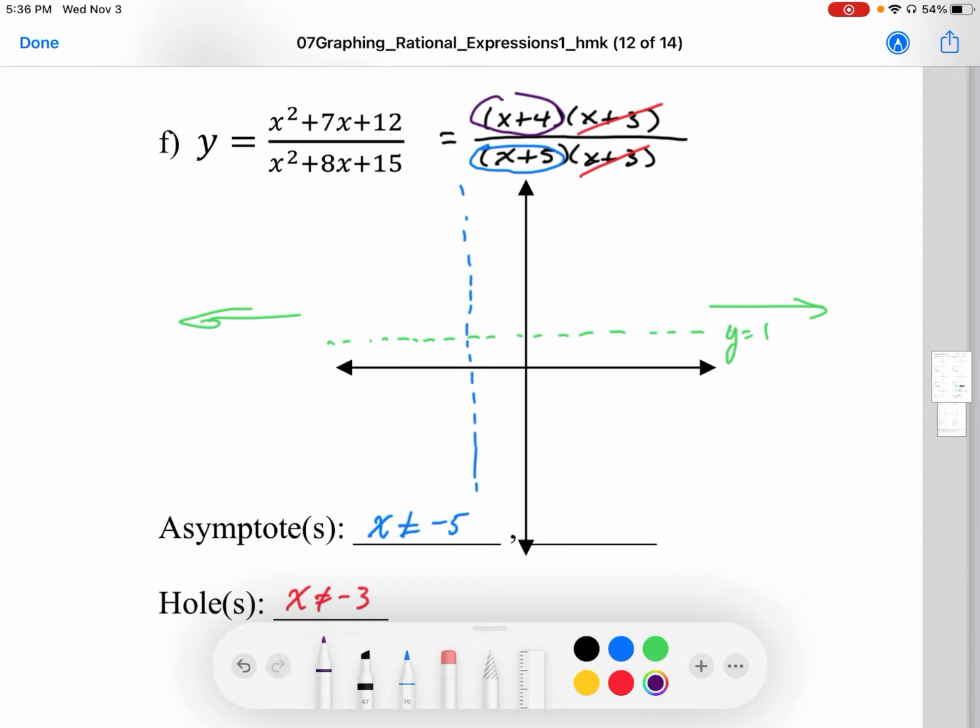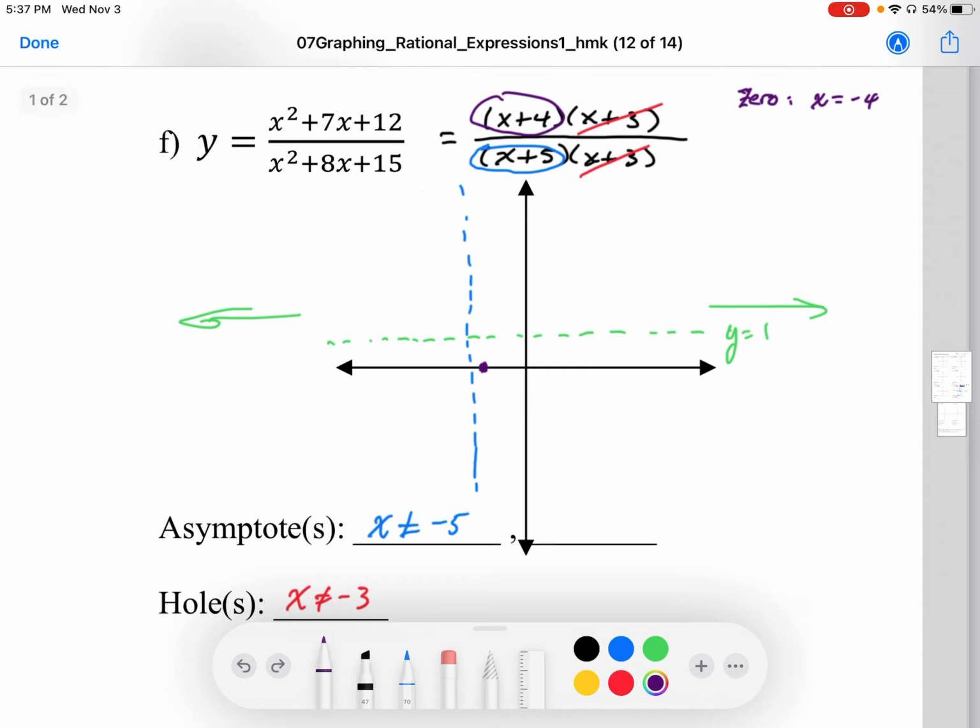The zeros come from the numerator, and in this case, the zero is going to happen at x equals negative 4. So at x equals negative 4, I'm going to cross the x-axis. Now at this point, what we can determine is that we're going to have graphs in these quadrants across the diagonals of the asymptotes.